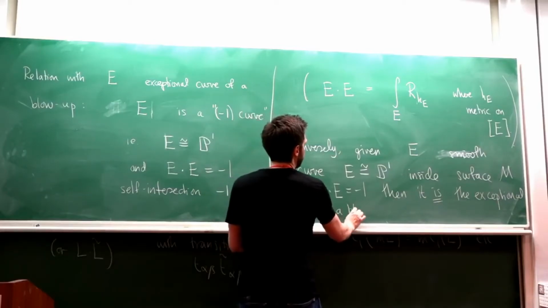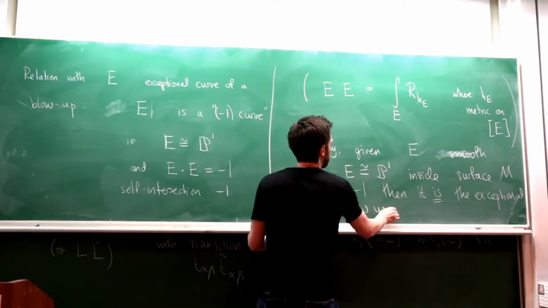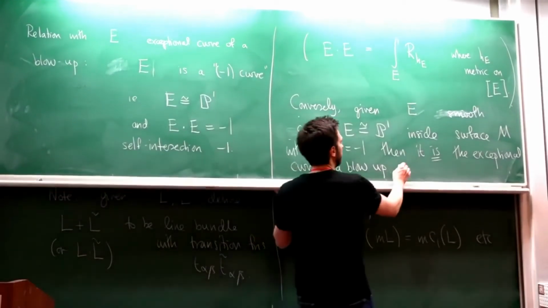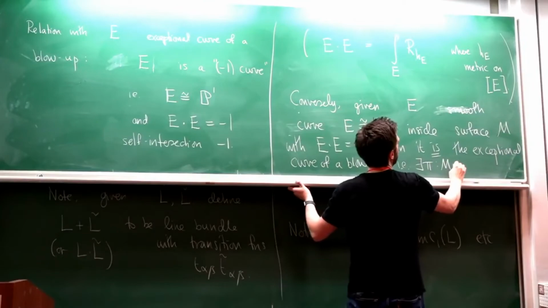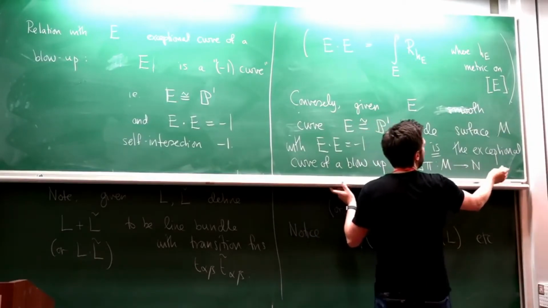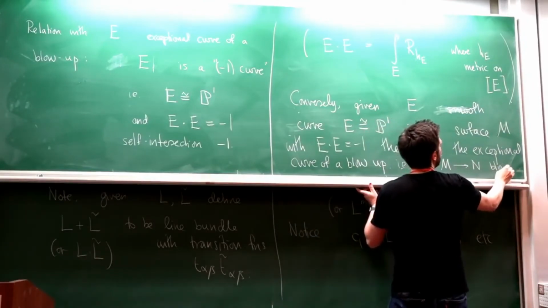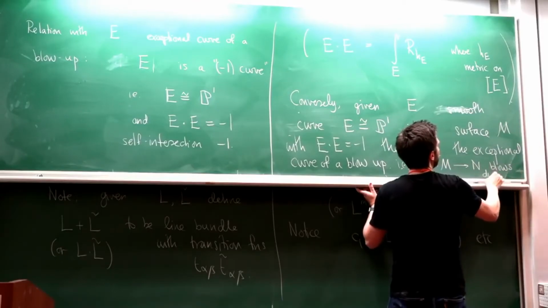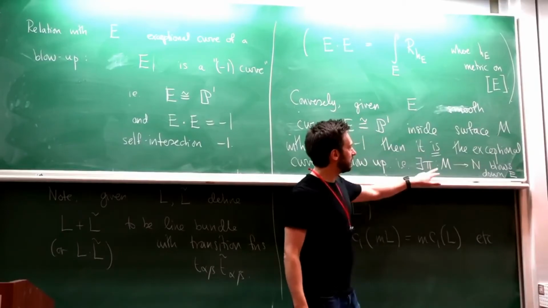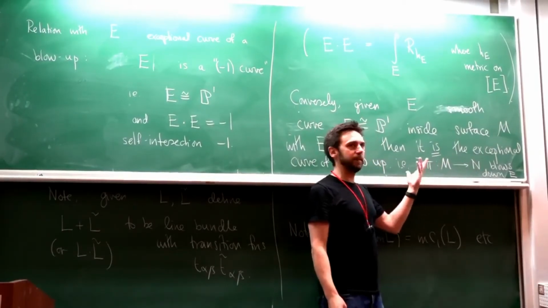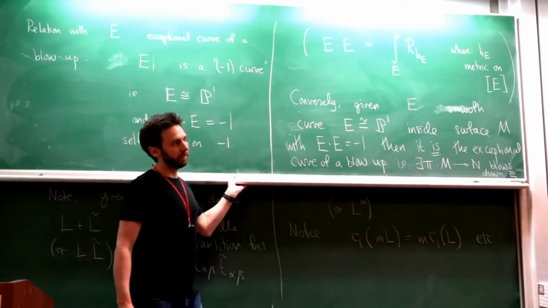So in other words, there exists a map pi from M to N, which blows down E to a point on N. So M is the blow-up of N at some point, and E is the exceptional curve of that blow-up.